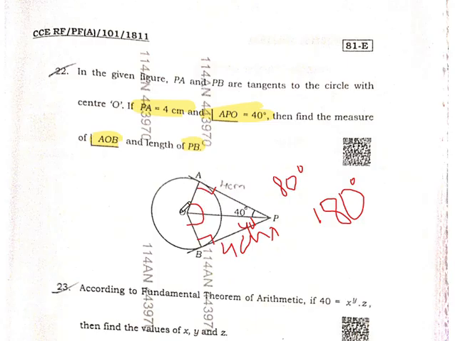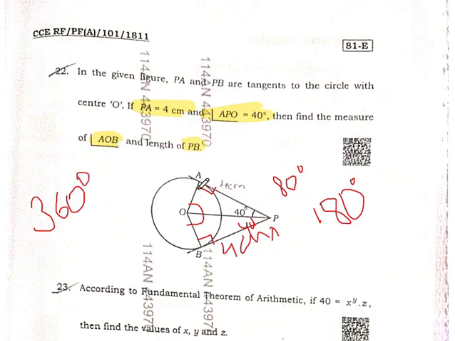So if you see this diagram A, O, B, P to A, you'll get one quadrilateral, right? Because it is having four sides. What is the sum of the interior angles of the quadrilateral? In any quadrilateral, the sum of the interior angles will be 360 degree.